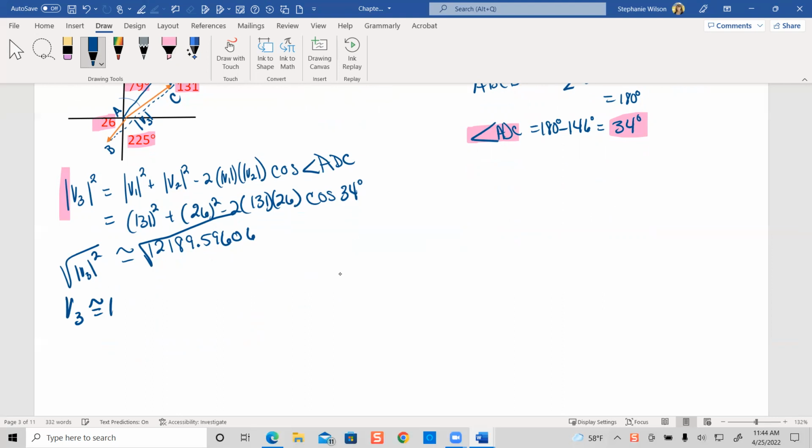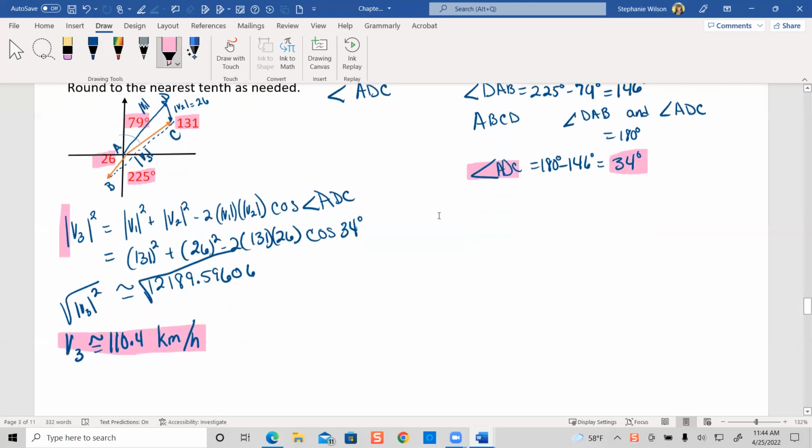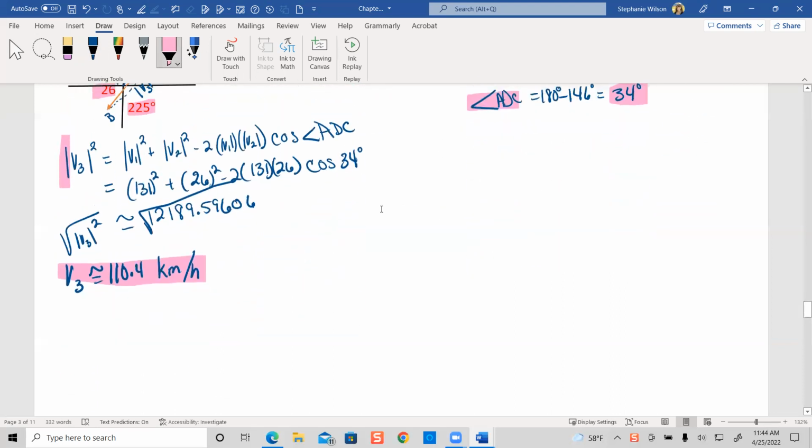V3 is approximately 110.4, and I rounded. So that's going to be kilometers per hour, rounded to the nearest tenths. Now, third, to find the bearing of the plane. So this answered the first question, right? This answered the ground speed. Now let's answer the second question.